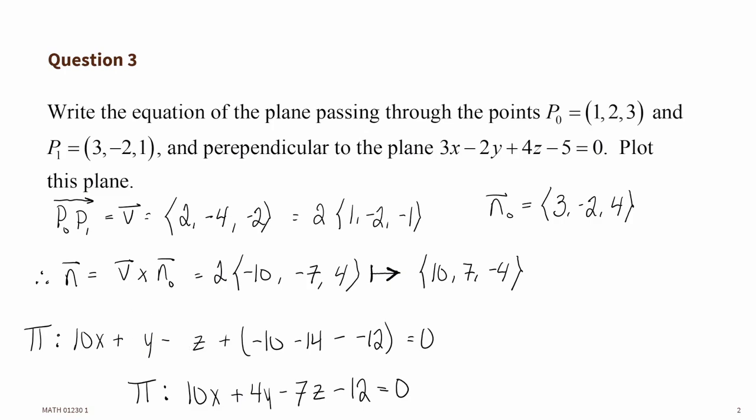It should be... I looked at the wrong one. Somehow I got the 4 and the 7 mixed up. So that should be 7y, 4z. But I did do the minus 12 right.